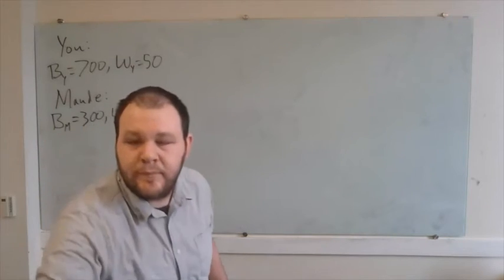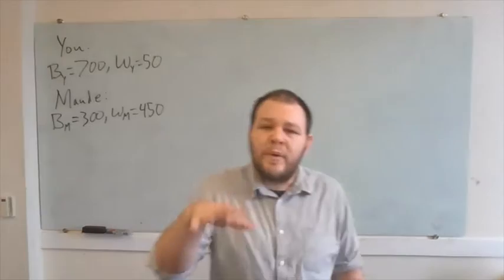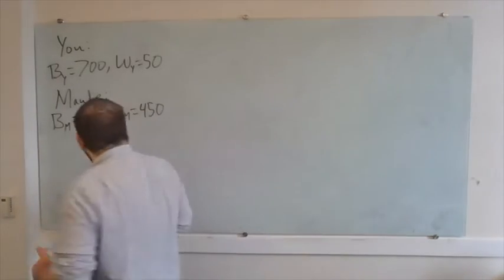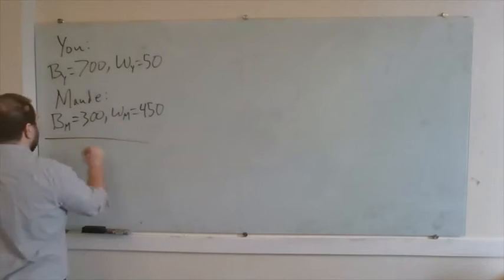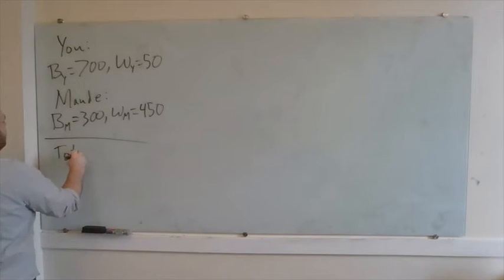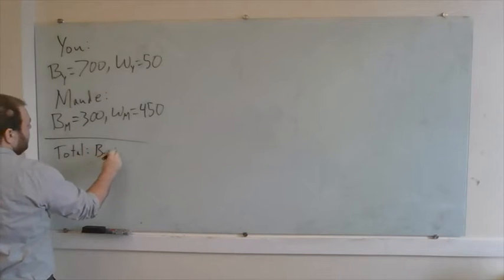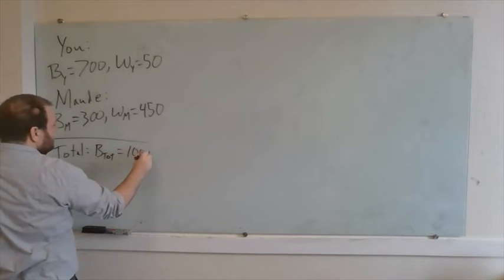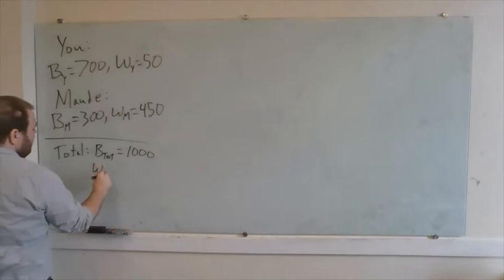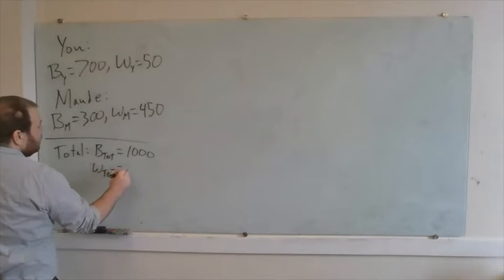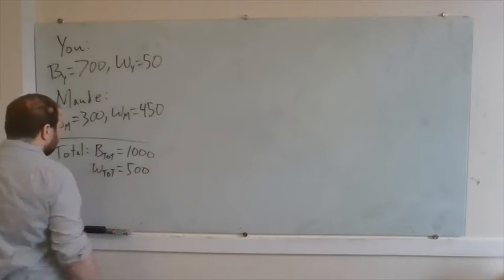Cool. So what this means is that all told, in our economy, we're going to have 700 plus 300, 1,000 cans of beefaroni, and we'll have 500 gallons of water.